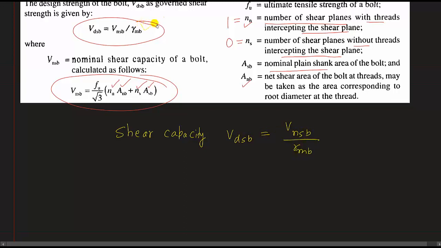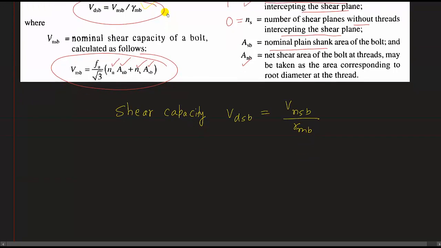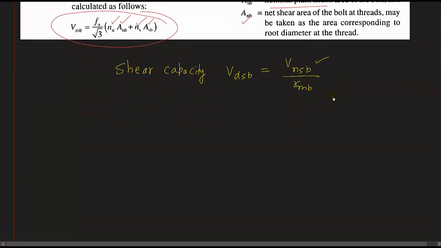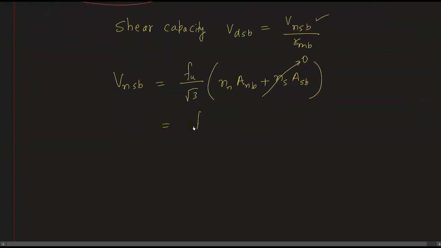So let us first find this term, that is Vnsb, and that is given in this formula, fu by root 3 times Nn Anb plus Ns Asb. Now there is no Ns, that is no plane that is not intercepting the thread, so this is equal to 0. So we are left with fu divided by root 3 and Nn times Anb.